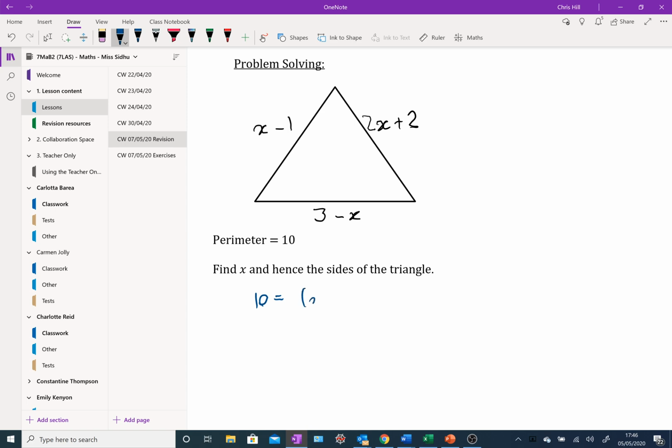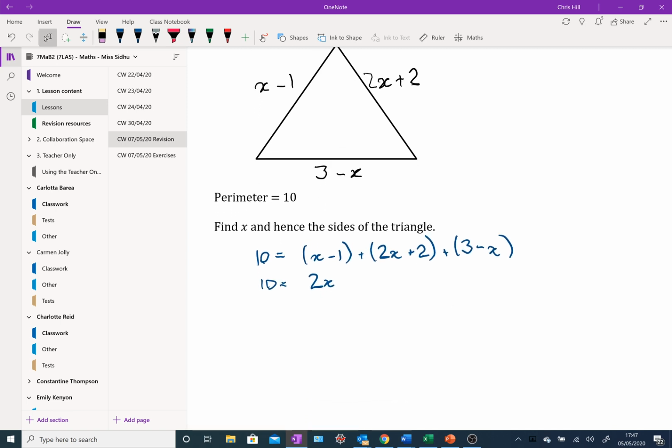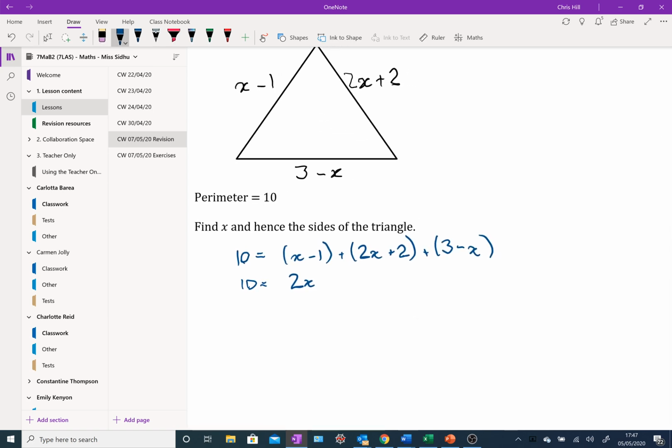So it will be x minus 1 plus 2x plus 2 plus 3 minus x. So that becomes 10 equals, let's do all the x's first. That would be x plus 2x, that's 3x, minus x is 2x, yep. And then the minus 1 plus 2 plus 3 is 4.